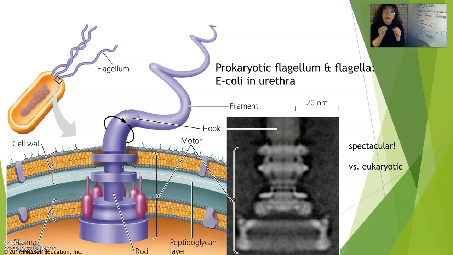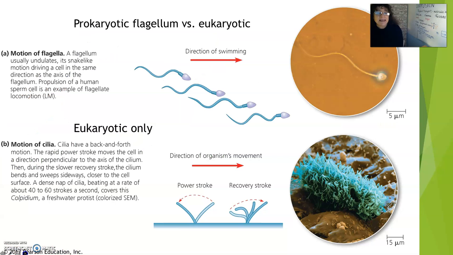Now, flagella for prokaryotes are different from flagella in eukaryotes. They apparently evolved differently, but obviously there was a need for this locomotion, and they evolved in very similar ways with slightly different materials.